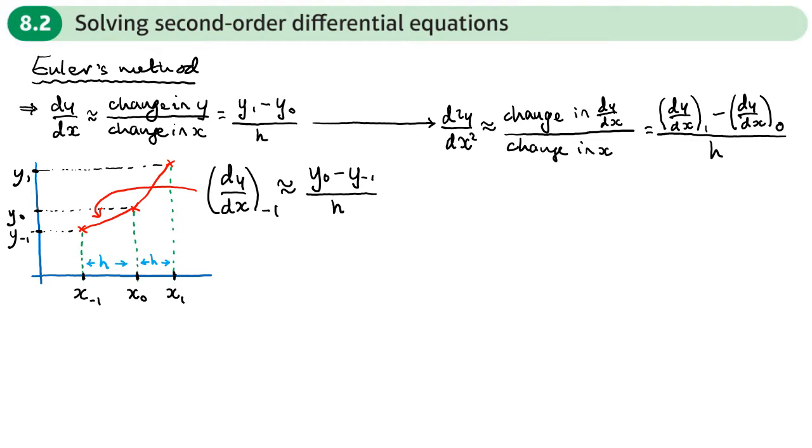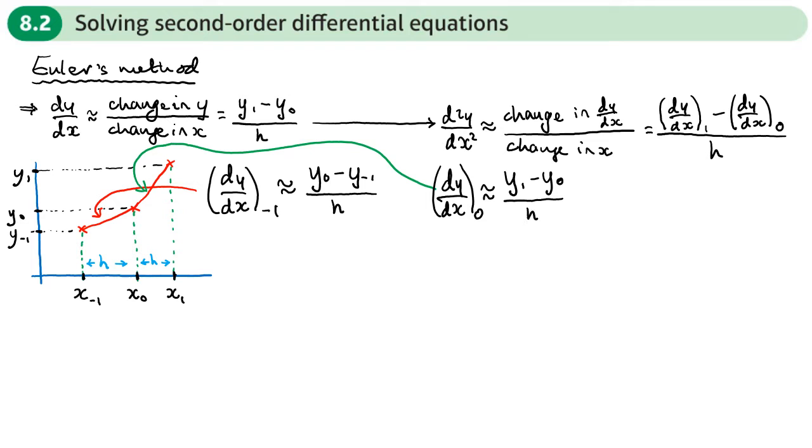Now we're going to do the same thing at this point here, and we'll write down what the gradient is approximately for this line section here at this point. So now this is the gradient where our initial conditions are, and this will be approximately, again, a change in y, which will be y1 minus y0 over h.